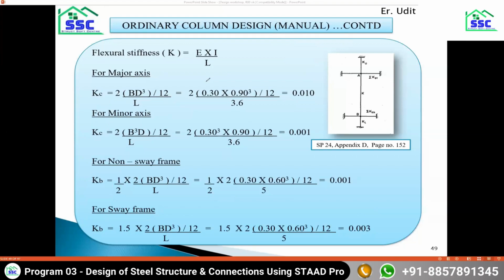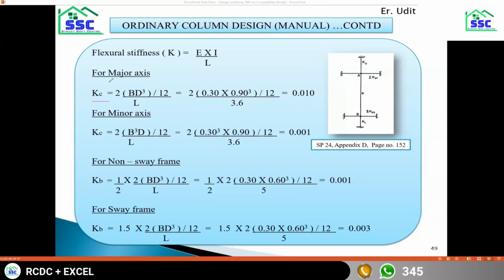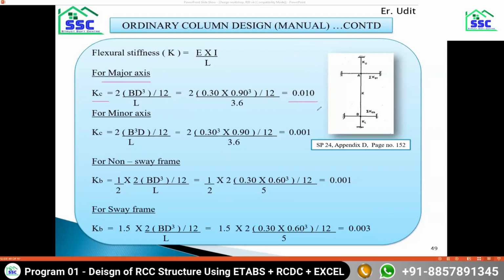So now when we are assuming our frame as non-sway, we will require only three values of K. We will require K value of column in the major direction, this value. We will require K value of the column in the minor direction, that is this value. And since it is a non-sway frame, for the beams we will require only this value. We will need only these three values right now.